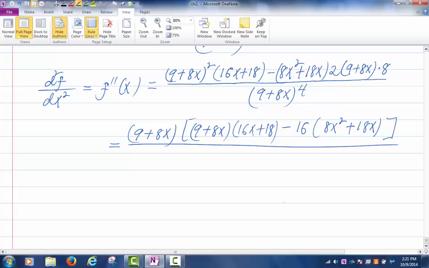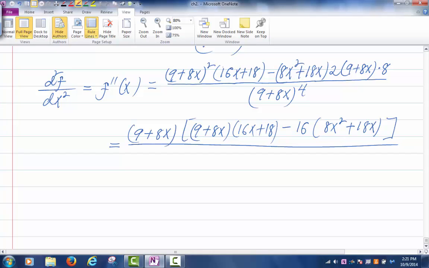You're asking to factor out this one as well? 9 plus 8x times 2, yeah, but here you have x squared. Oh, I see what you mean, sorry. I am comparing it with this one. Yes, you're right.